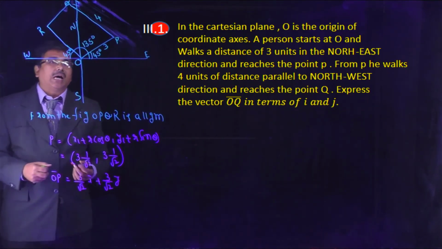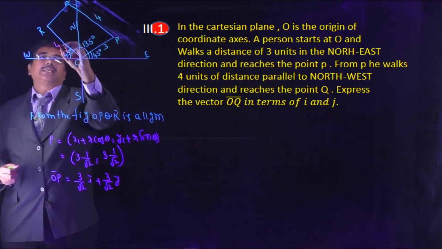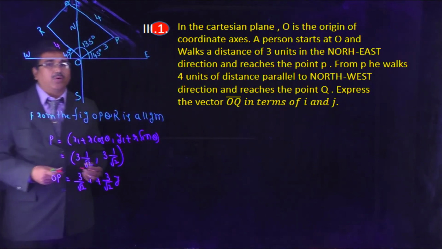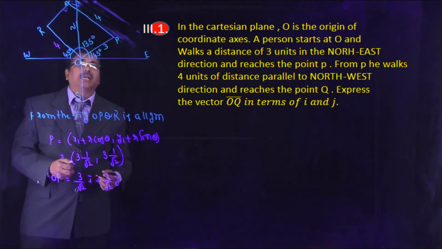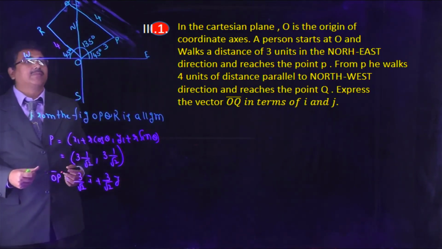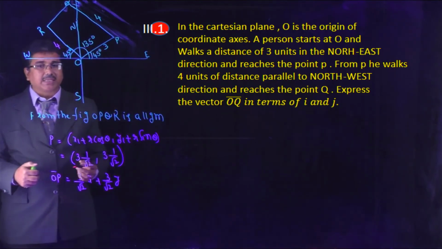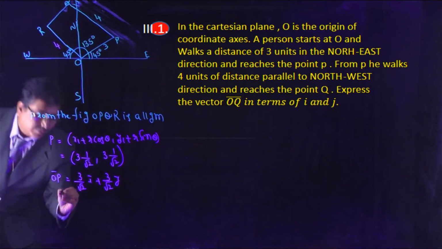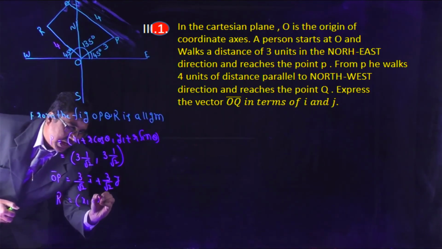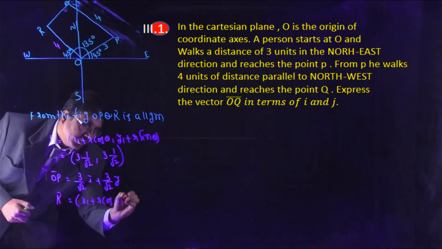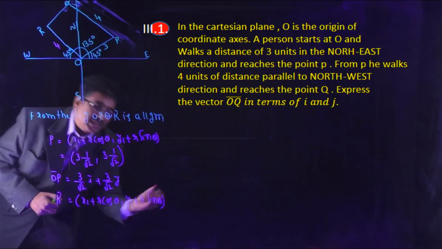Now, capital R is at a distance of 4 units. This is also equal to 4 units. Right. Now, R is also a point at a distance of 4 units from origin, and it makes an angle 135 degrees. R is equal to x1 plus r cos theta, comma y1 plus r sin theta.